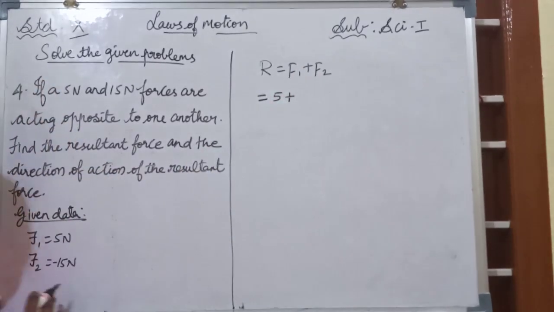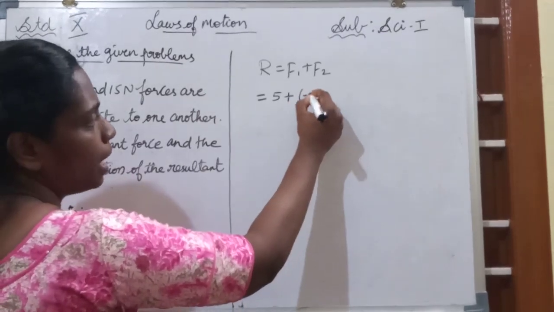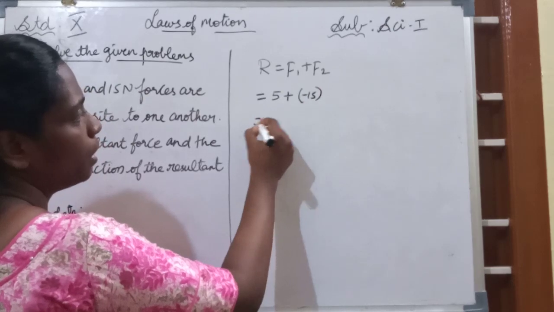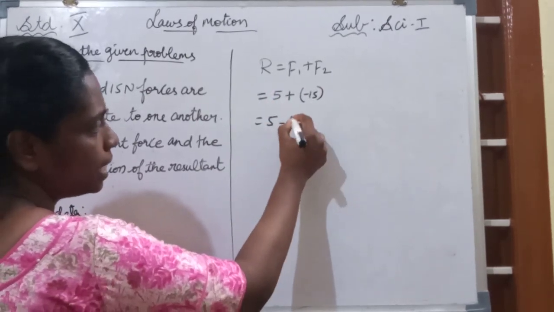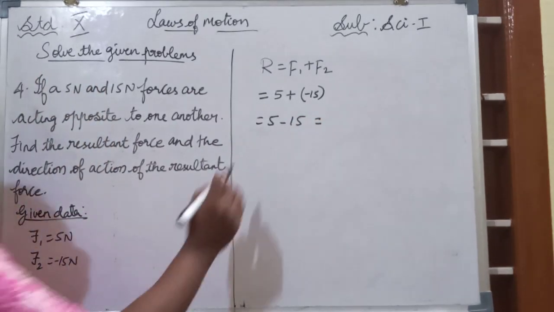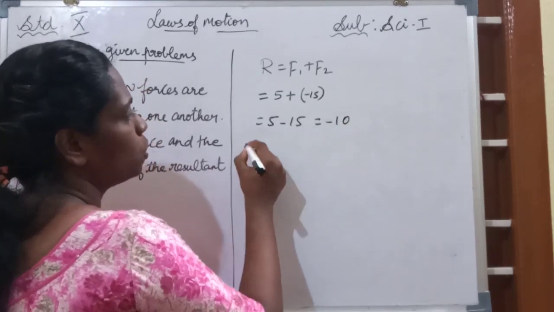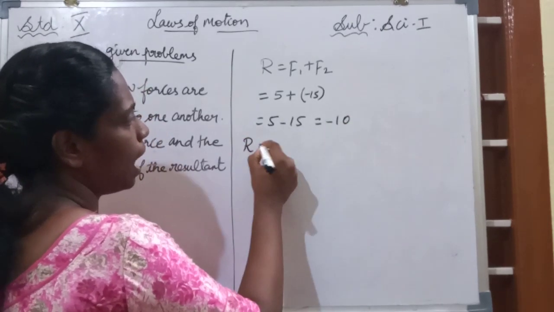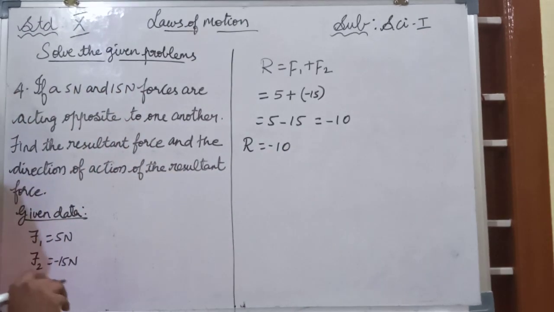And what is the value of F2? Minus 15. So 5 plus into minus is minus 15. What is my answer? 5 minus 15 is minus 10. So the resultant force R is equal to minus 10.